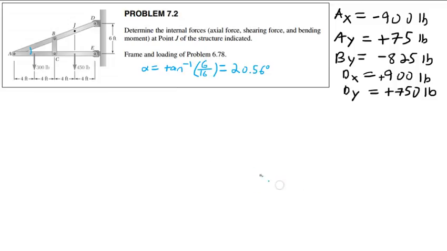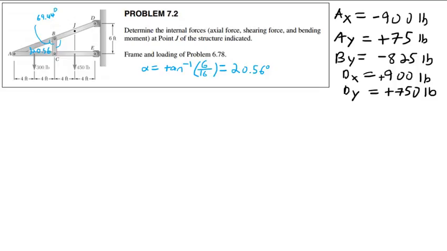So what does that mean? What does that tell us? Well, I know that this is then 20.56, and this here is 90 minus that, so 69.44 degrees. Correct? And then this one here, if we need it, we have it. I'm just trying to get all the angles here.